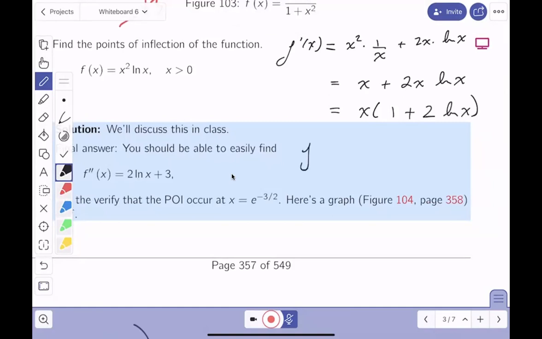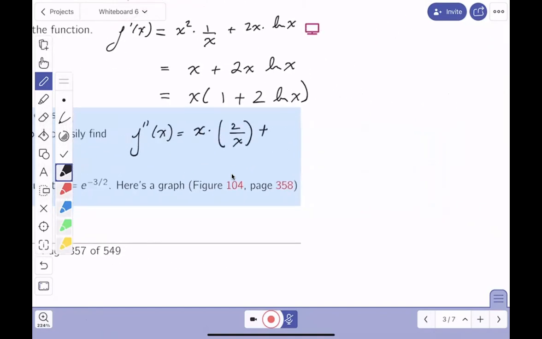I would now write the second derivative down. So let's see, the first function, which is x, times the derivative of the second function, which can be 2 over x, plus the derivative of the first function, which is 1, times the second function, which is 1 plus 2 ln x.